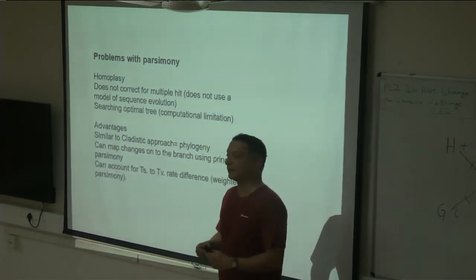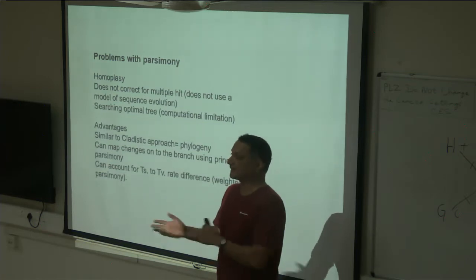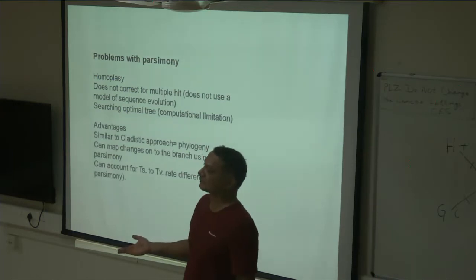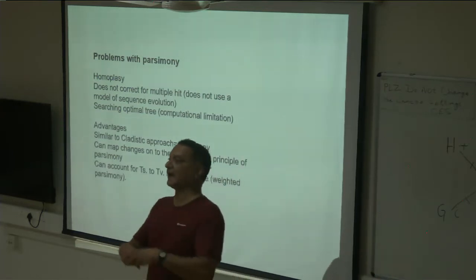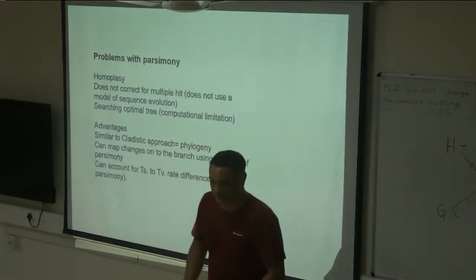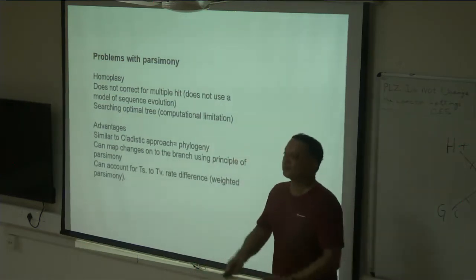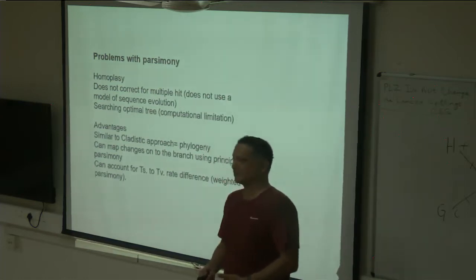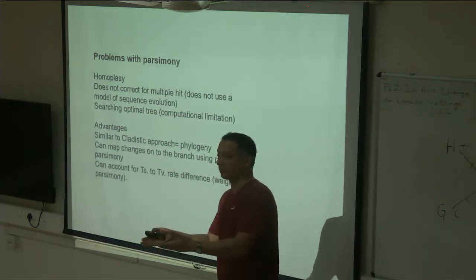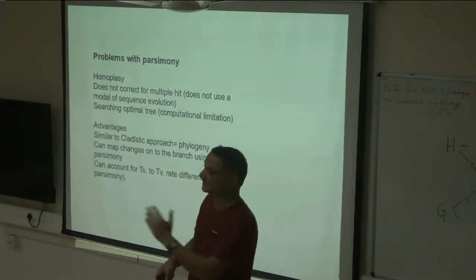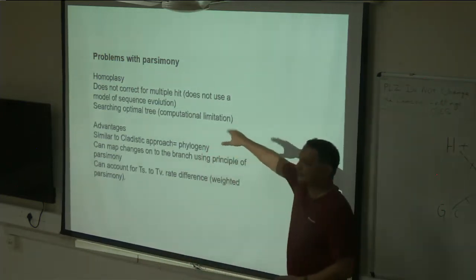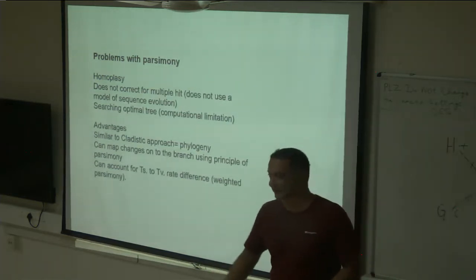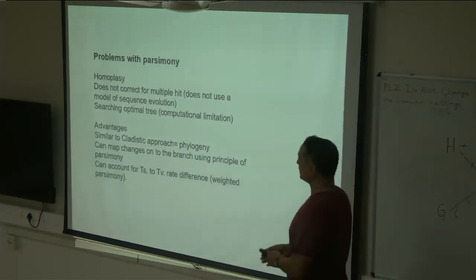We talked about how p distance can be divided into alpha and beta, transitions and transversions. So if your data set has a lot of transversions or a lot of transitions, and you don't correct for it, then you might get an erroneous tree. And that's when you use the Kimura 2-parameter model that corrects for transitions to transversions and all that. In parsimony, you cannot do that, whereas in the model-based methods, you can actually correct for all those hidden changes.